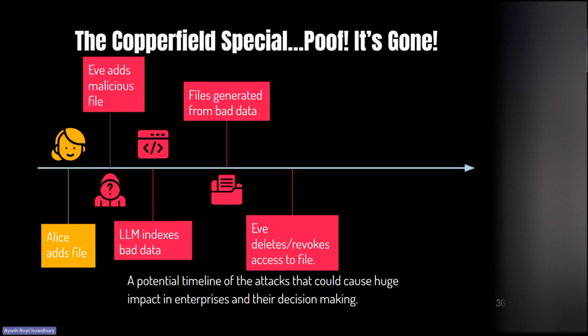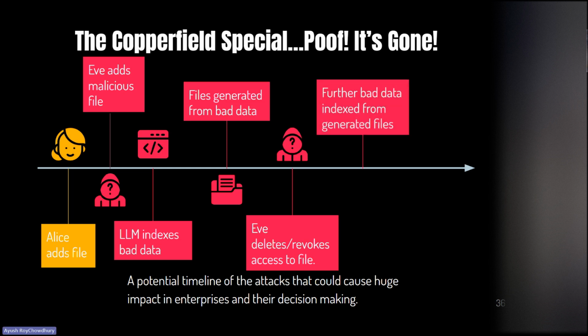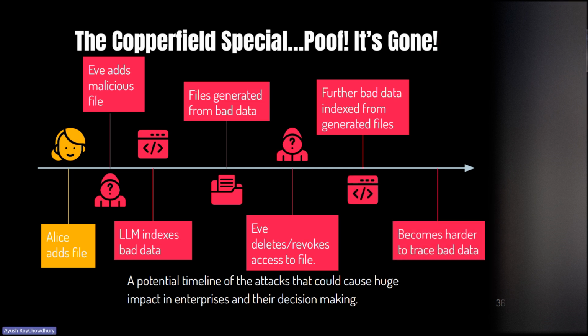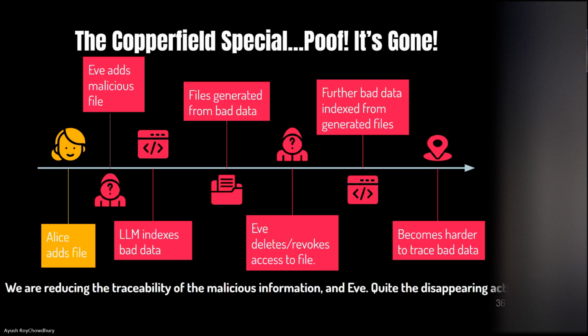And then when Eve deletes or revokes access to the file, the further bad data that is indexed from the generated files and the original file itself persists, and it becomes very hard to trace back to the original file that Eve had put into the system. So what we're doing is reducing the traceability of the malicious information and Eve. It's quite the disappearing act that Eve has pulled off.